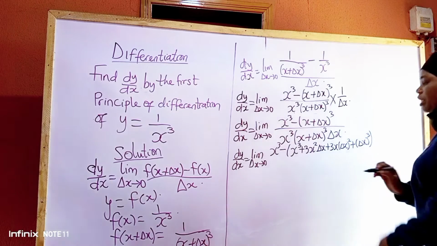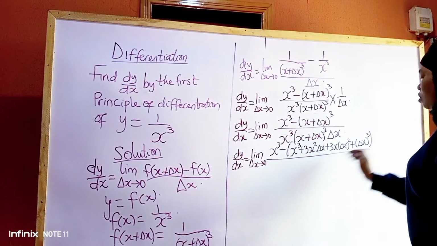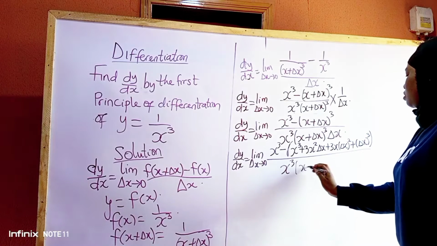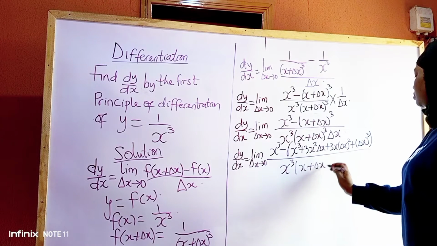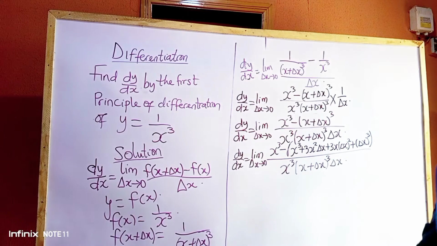Then I close the brackets. Everything over x cubed into brackets x plus change in x cubed multiplied by change in x.